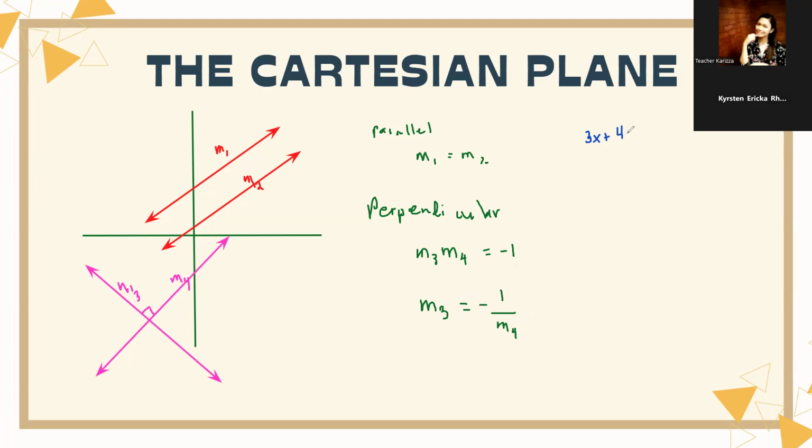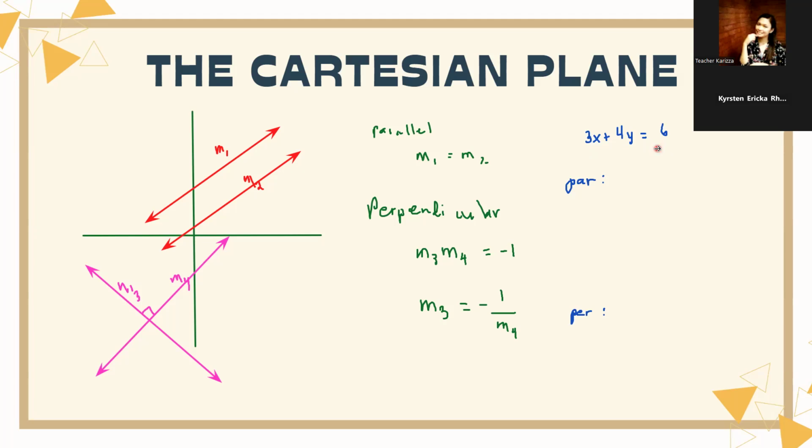So for example, we have the equation 3x plus 4y is equal to 6. What is the slope of a line parallel to it? And what is the slope of a line perpendicular to it? So our first step here would be to write this in slope-intercept form, right?